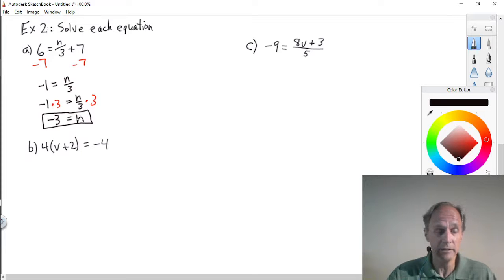And when n is -3, that final equation is true. And so we know that when n is -3, our initial equation is also true, because they're all equivalent, meaning they all have the same solutions. Okay, so let's go ahead and do these last two.